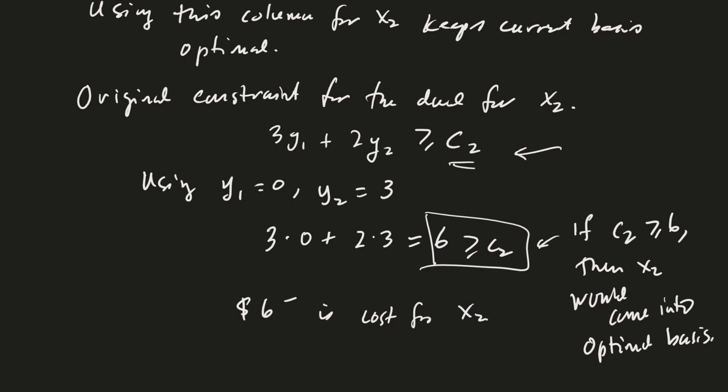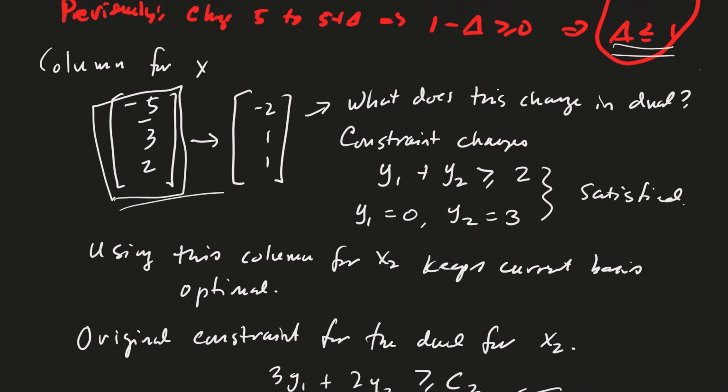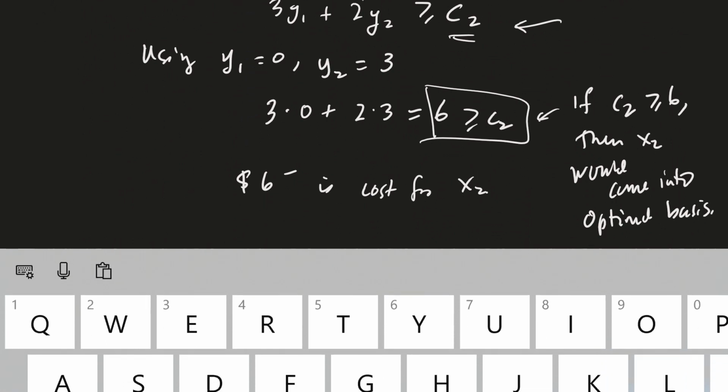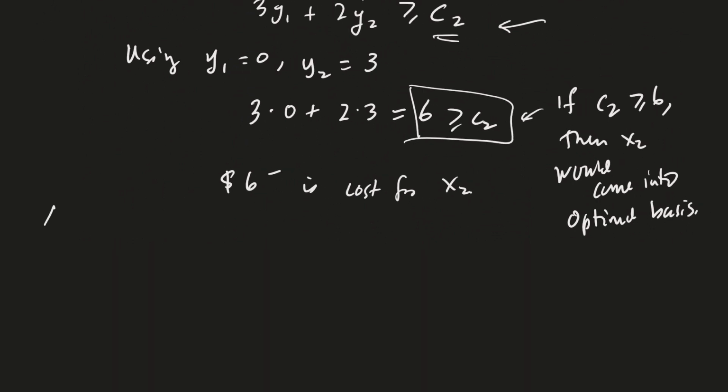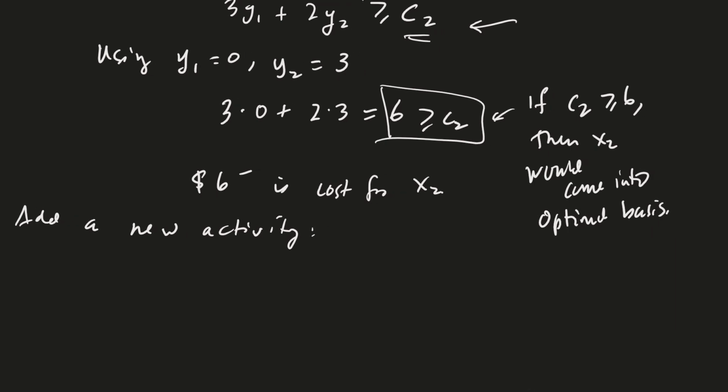Along the same idea of using a column like this, we could just say, well, what happens if I have a brand new column? What happens if I want to add, oops, sorry about that. What happens if I want to add a new activity? So maybe x3, I guess we would call it.